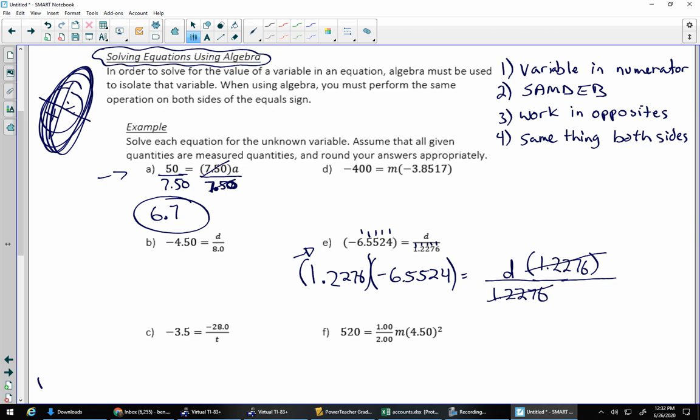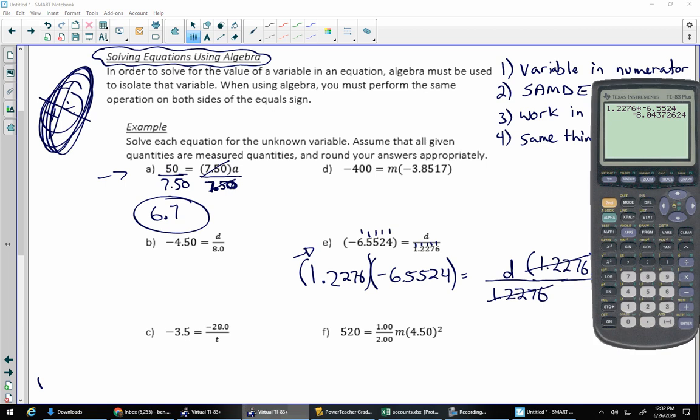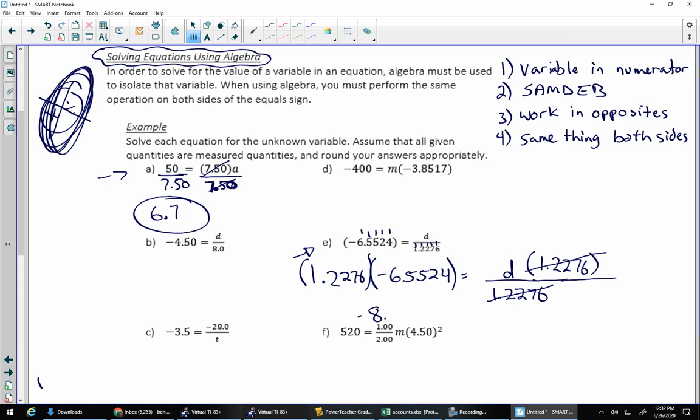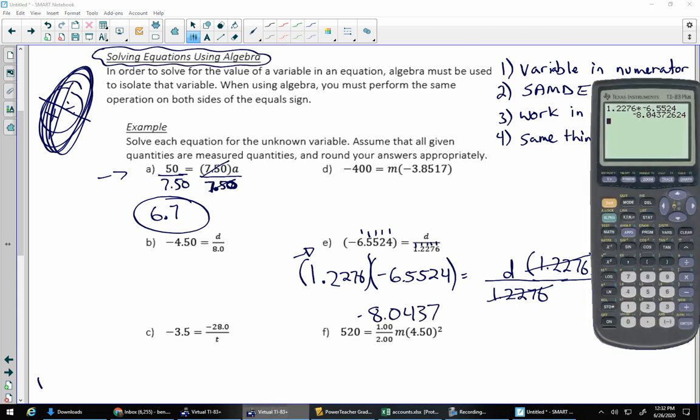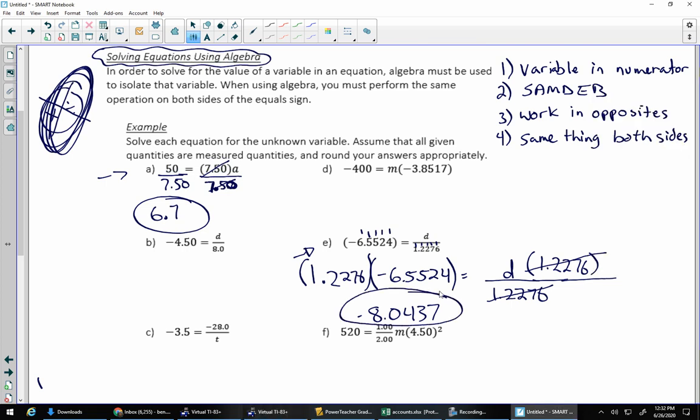Five sig digs all around. So it's going to be negative 8.0437, and I better double check that. Perfect. Okay, and final answer.